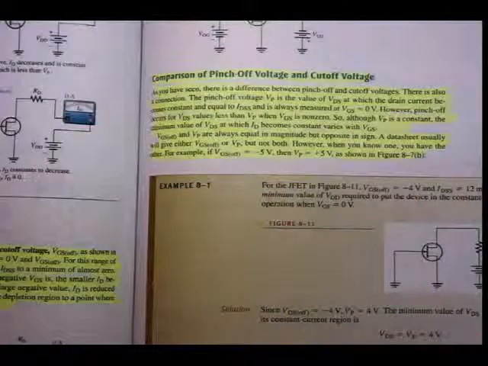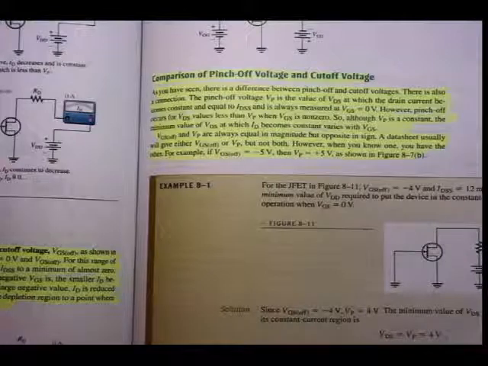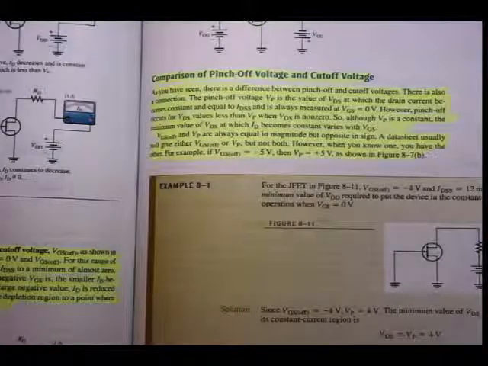The pinch off voltage is the value of VDS at which the drain current becomes constant and is equal to IDSS, and is always measured at VGS equal to 0 volts. However, pinch off occurs for VDS values less than V pinch off when VGS is non-zero, as I've explained earlier.